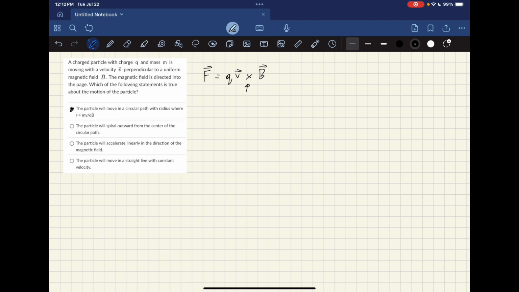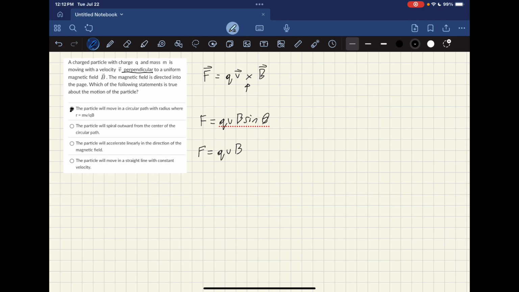This can be rewritten as F equals qvB sine of theta, with theta being the angle between the velocity vector and the magnetic field vector. In our case, they're perpendicular, it says so here, so theta is 90 degrees, and sine of 90 degrees is 1. So F is just qvB.